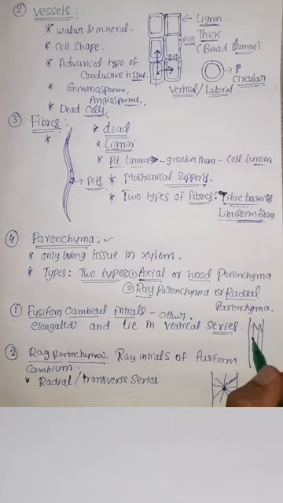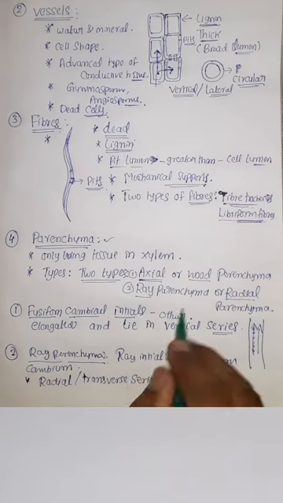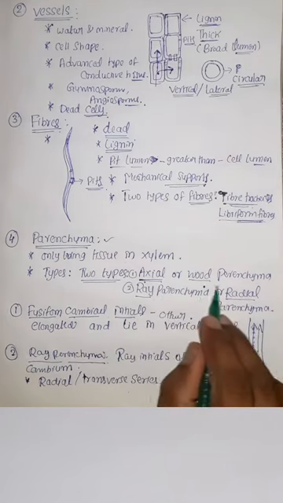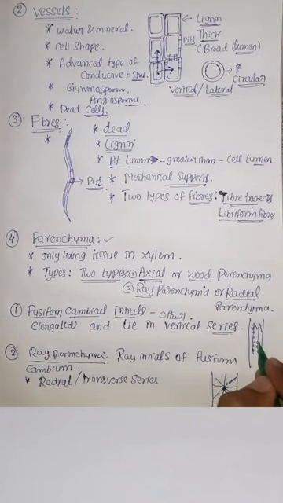This is also parenchyma. In case of axial or wood parenchyma, the parenchyma lie in the vertical series like this. In case of ray parenchyma, it lies in a radial series like this.